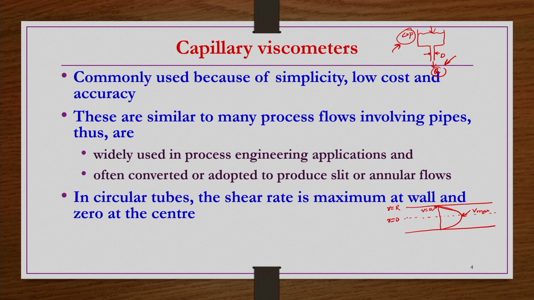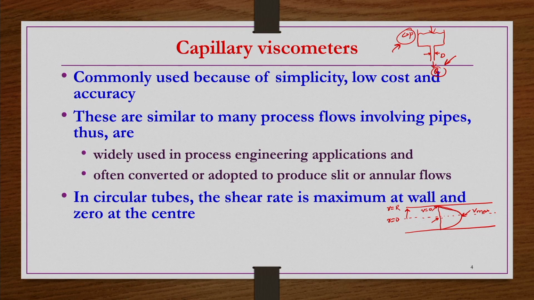As we move towards the wall from the center, the velocity is decreasing, that means shear rate is increasing. Shear rate is 0 at the center, and then gradually it increases and attains a maximum value at the wall. Okay.